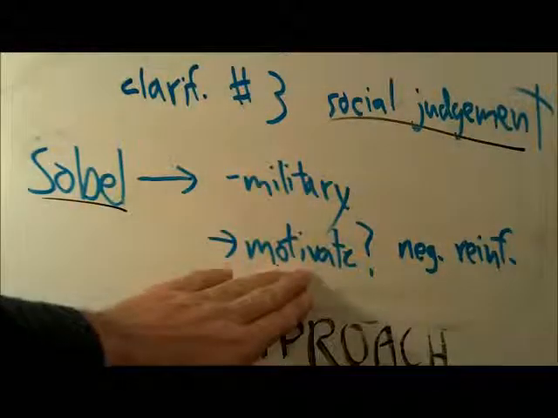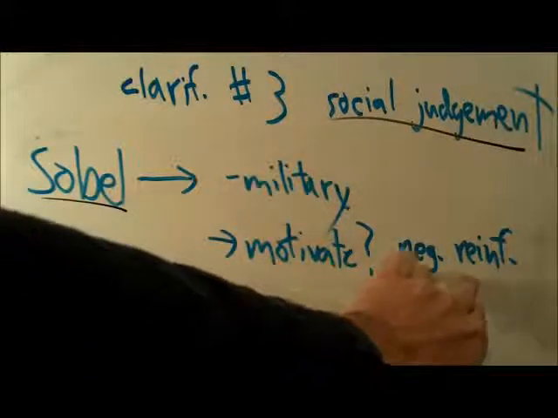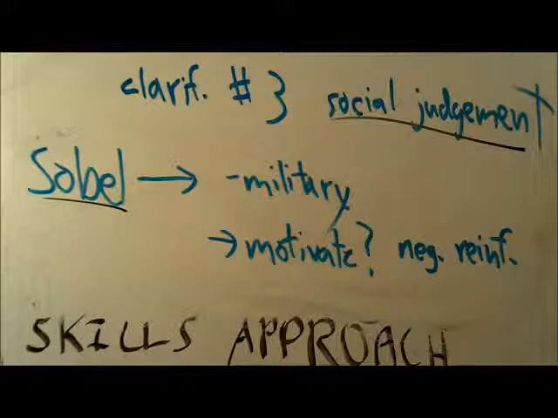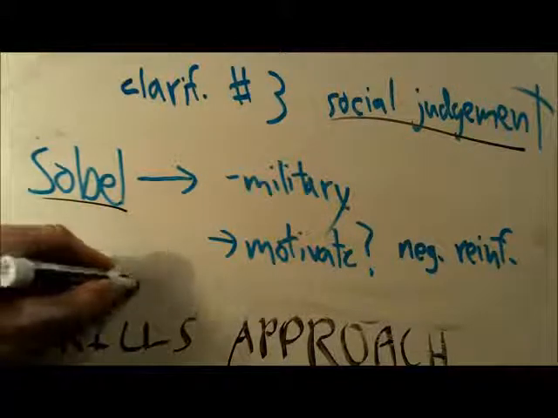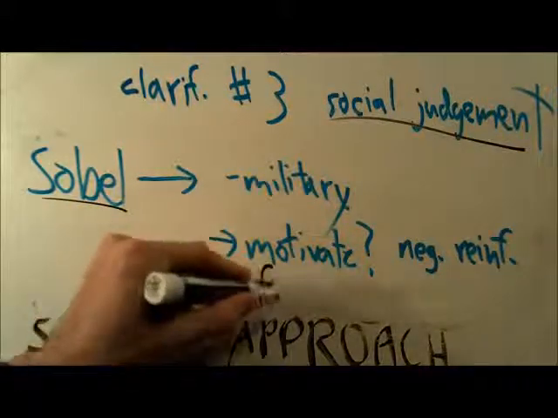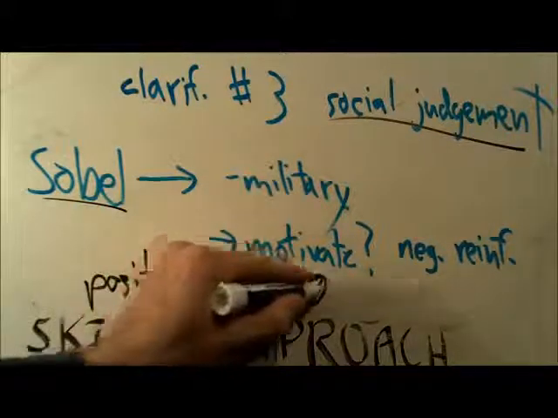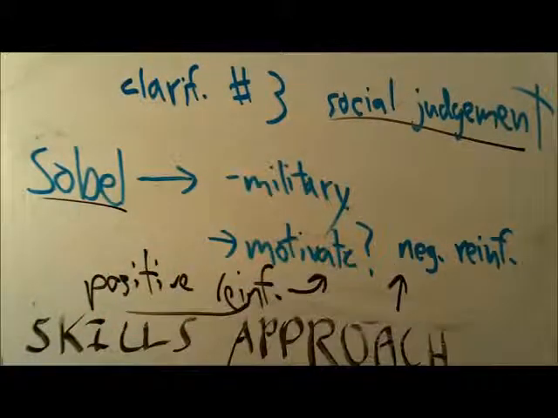But he still wants to motivate them. But now he is doing this all through negative reinforcement, which in the military works. But you know, if he would also engage in some more positive reinforcement, he could possibly motivate his men even more and get them to do better.